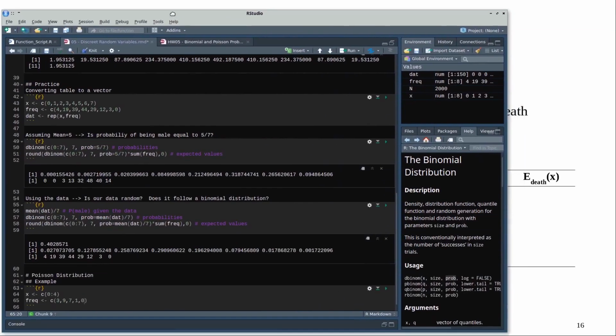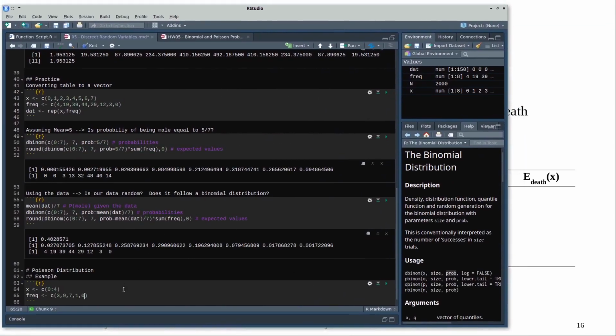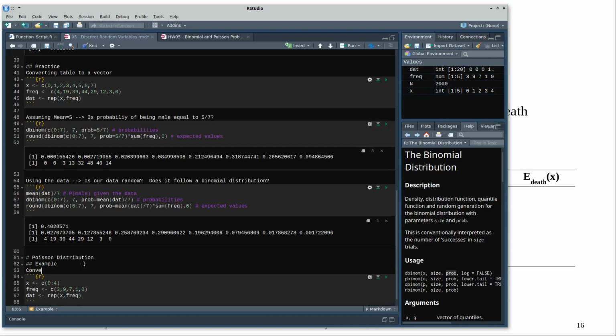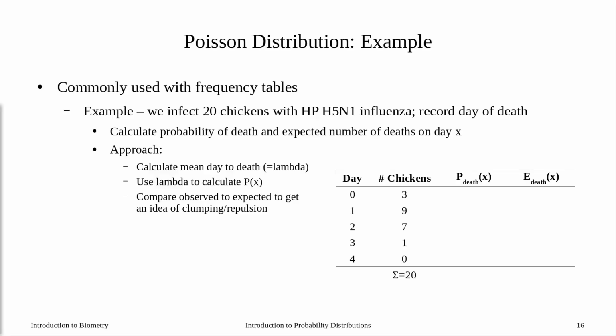All right. So my data, X and frequency, run this. All right, so I've got my vector. All right, so I made my vectors.